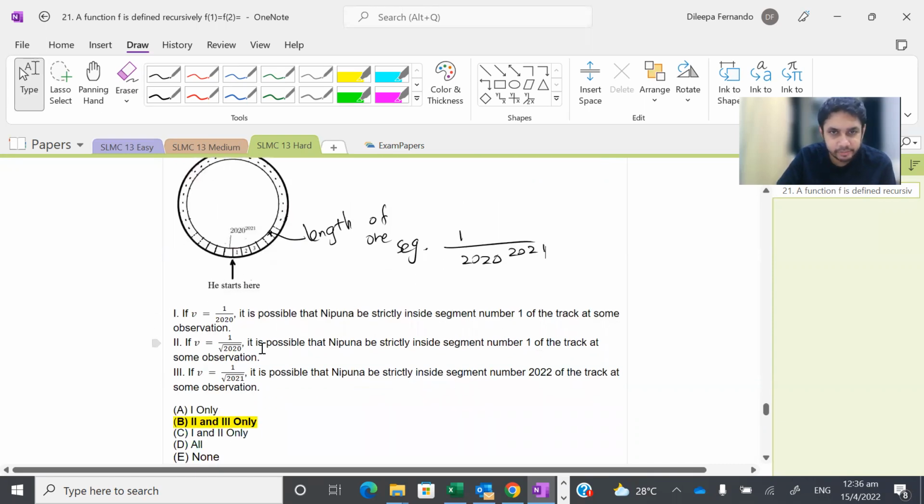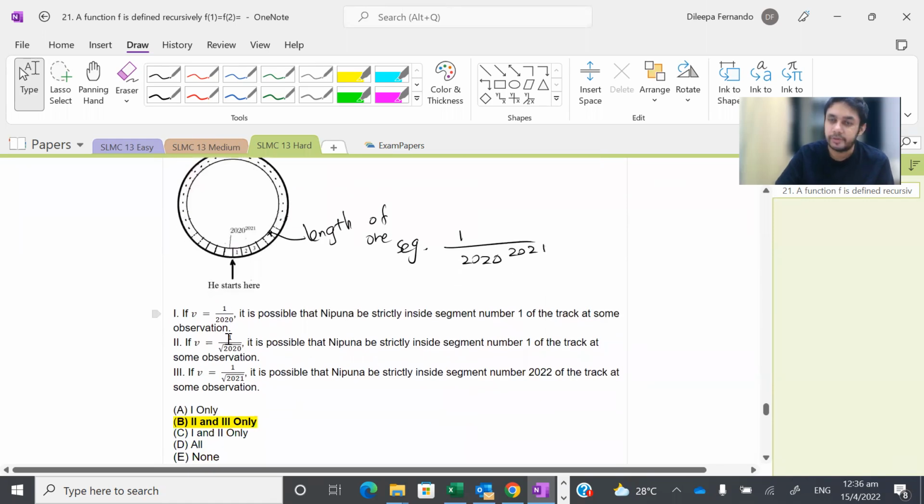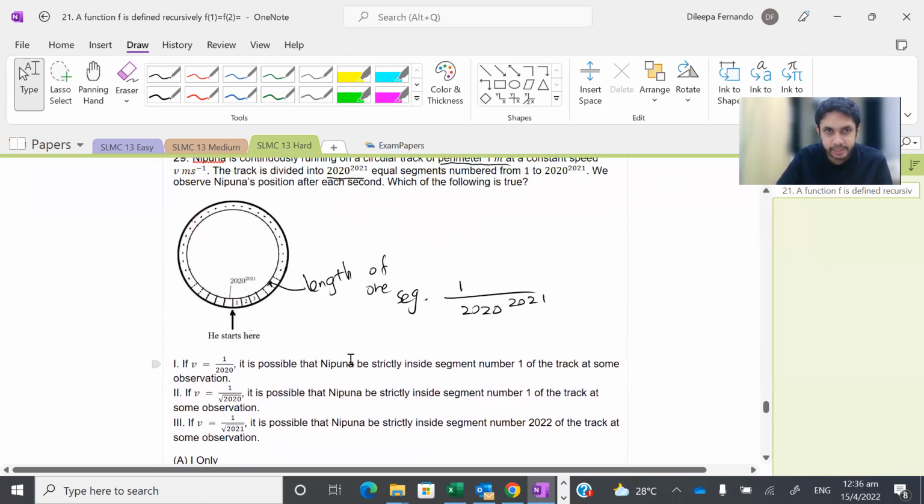Let's see the others as well, because the statements are similar. For different v values, we need to see whether Nipuna is strictly inside one segment. The meaning of strictly inside is that Nipuna is not on the boundaries. He is inside.